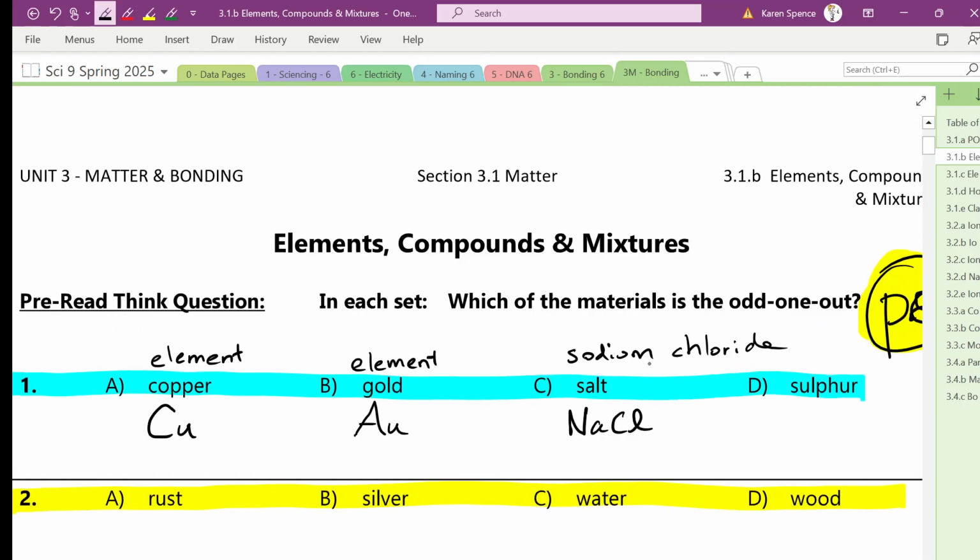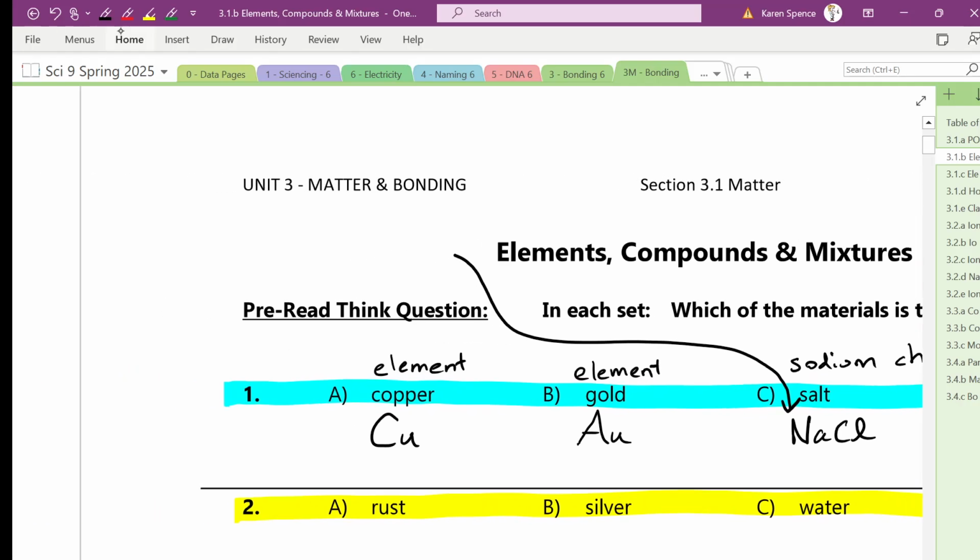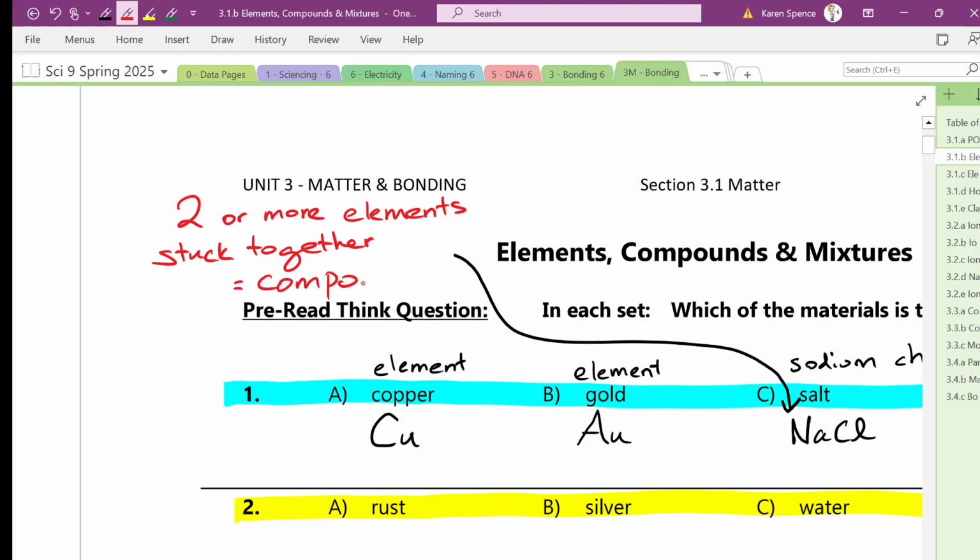So if we have 2 or more elements stuck together, that's called a compound.